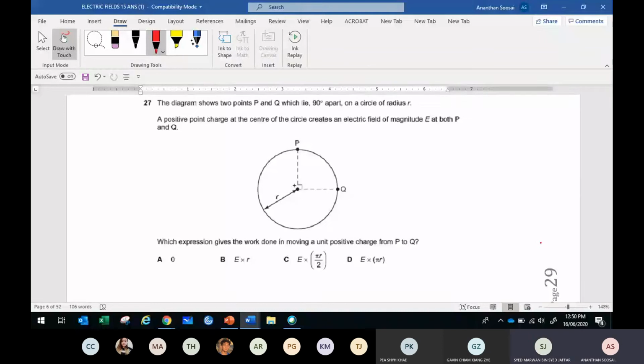Okay. One of you saying C. Is it C? I need answers from the others. Think carefully.